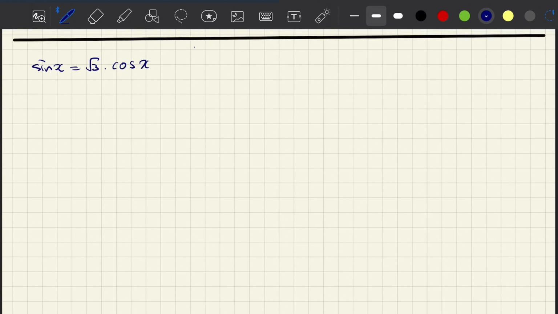Okay, so let's try to solve this question using the Pythagorean identity. We know the Pythagorean identity is cosine squared x plus sine squared x equals 1.